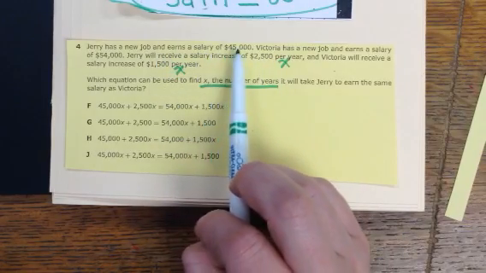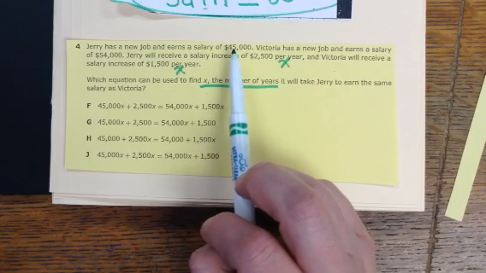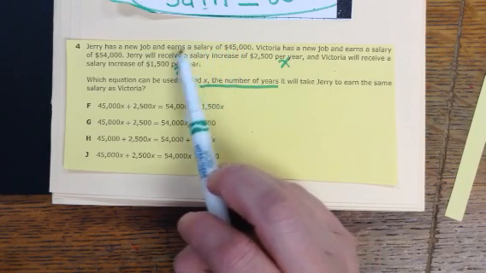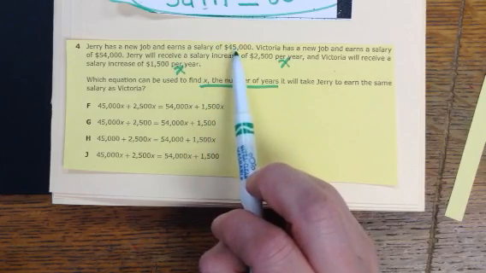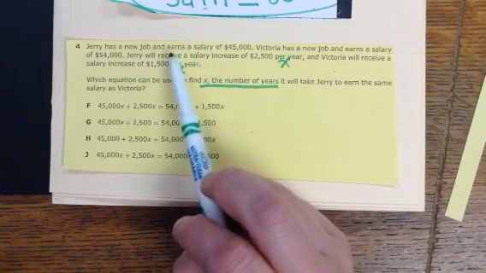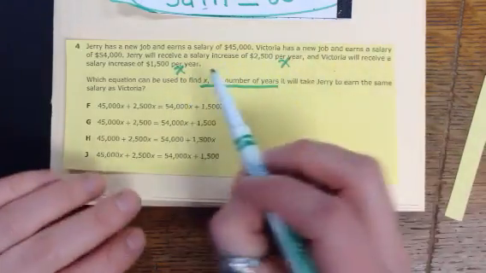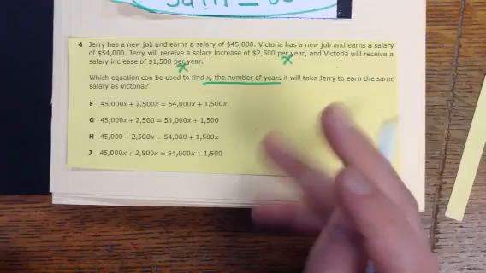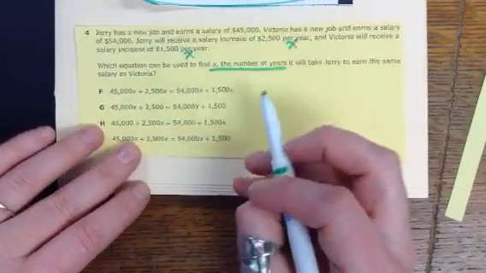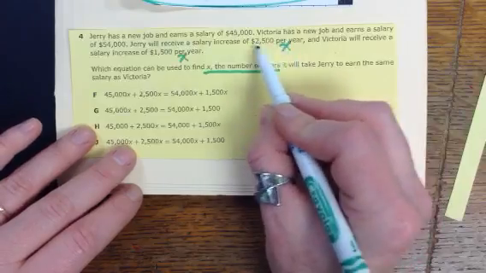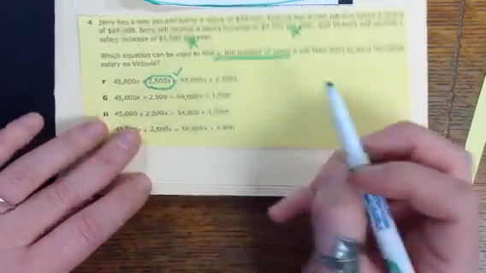Whenever they earn the salary, that just happens like for 1 year for each year, okay? But this is how much it's increasing, okay? So this is like their base amount that they start with. This is how much it increases each year, okay? So since, let's see, I would be looking for which one has 2,500X, which this one does.